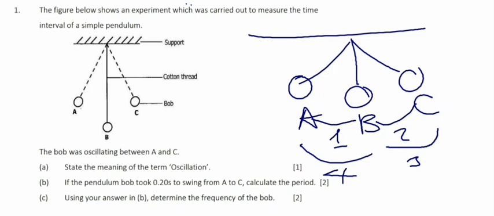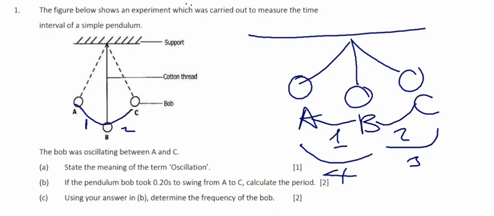We are going to use probability to know the number of oscillations for a bulb to move from A up to C. Since the bulb has moved from A up to C, how many moves has it covered? Only 2 moves. From A to B, this is 1. Then from B up to C, this is 2.